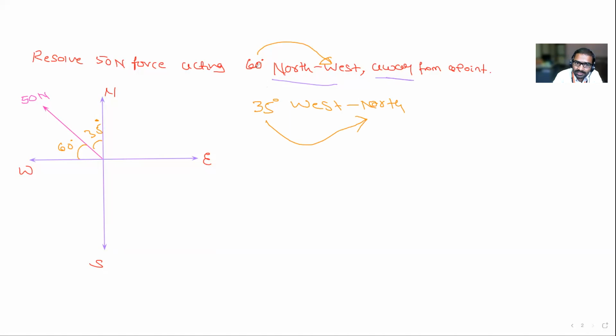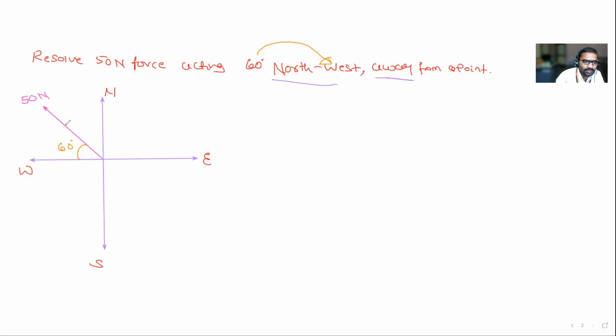In this problem he has given 60 degree northwest, so it is with respect to the west direction. Don't get confused. Is this problem clear?